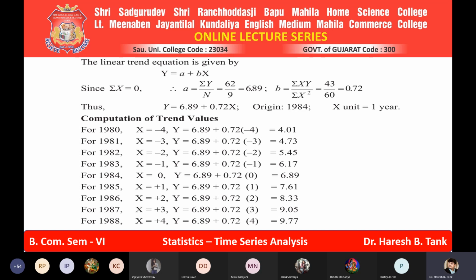Are you getting all these values? Yes, sir. How many of you are getting all these values? Raise your hand. I will always love to see how many of you are getting these values.